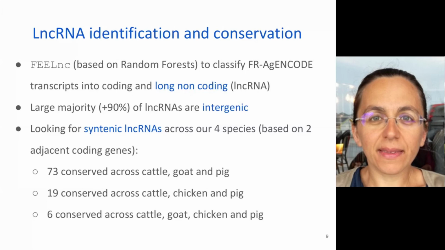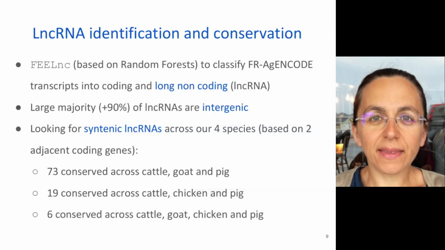Actually, it has even 3 classes: coding, long non-coding, and a class of unknown coding potential. And here, if we do that, we see that a large majority of the long non-coding RNAs are intergenic, and it is consistent with what was found before in human.